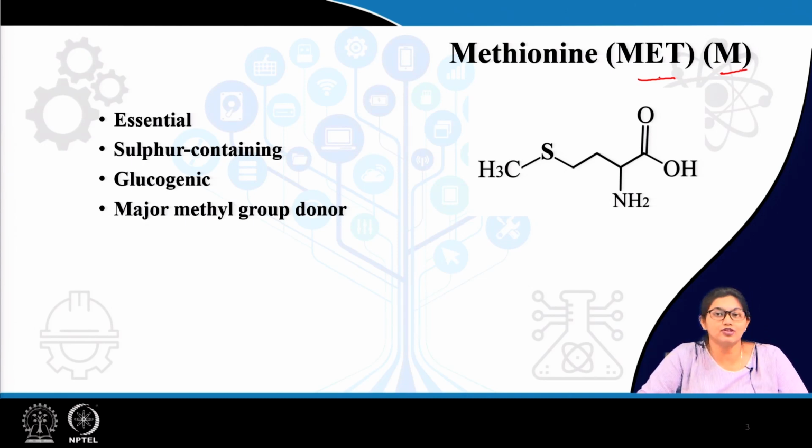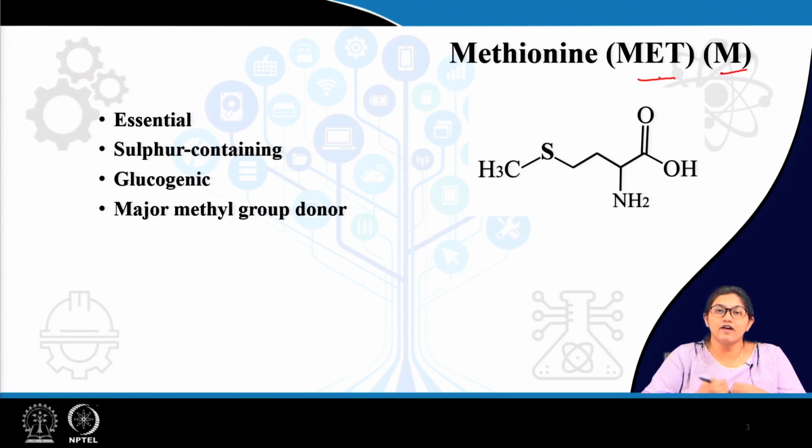So, again methionine is not synthesized in our body. It is a sulfur containing amino acid and also a glucogenic amino acid. Glucogenic amino acids contribute to form intermediates which finally give rise to glucose on requirement.